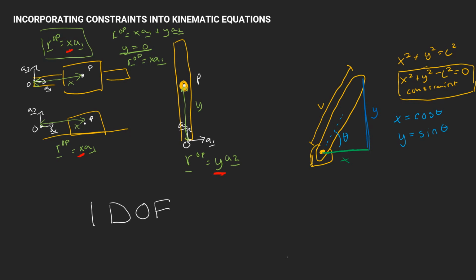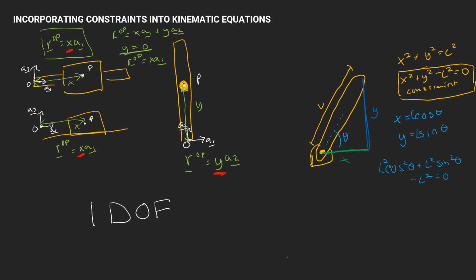You can plug these terms into that constraint equation and you'll get L squared cosine squared theta plus L squared sine squared theta minus L squared equals 0.